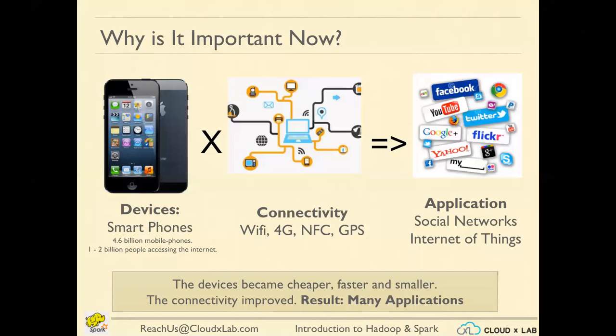So the output of the two is that devices generate data, and connectivity transmits it and hence multiplies the data. Therefore, a huge array of applications has come up to help us put the devices to use. Those applications could be social networking, internet of things, and so on. There are so many applications as of today.